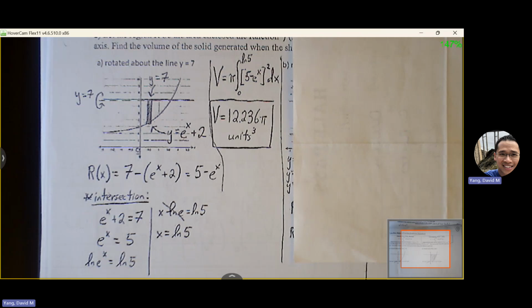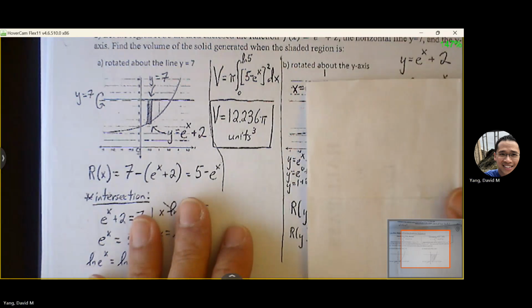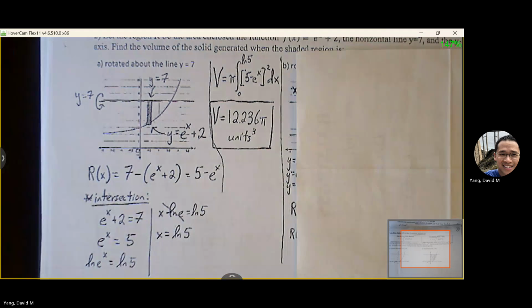All right, any questions with 2A? Try part B. Same shaded region, we're just rotating around a different line.